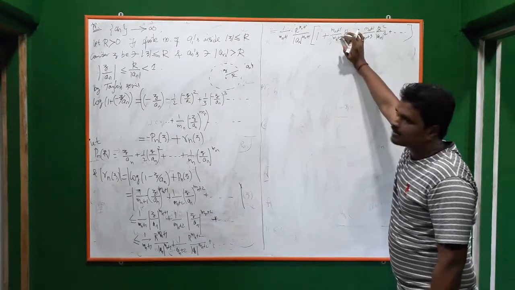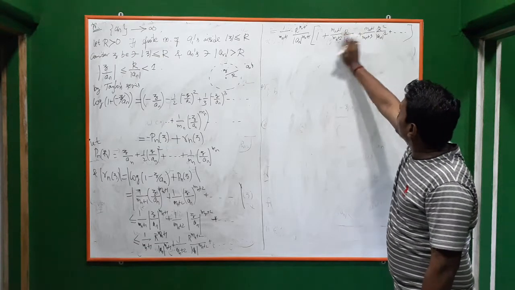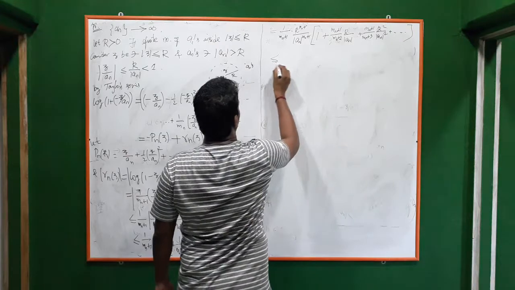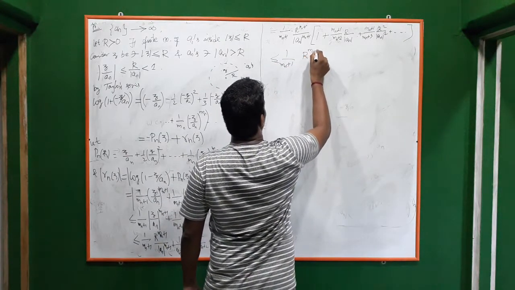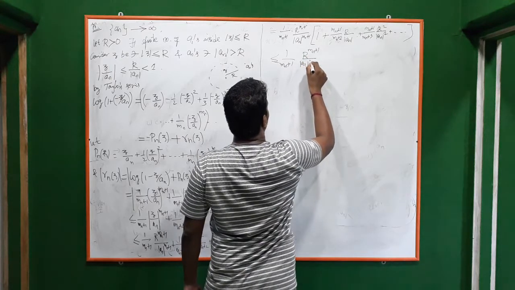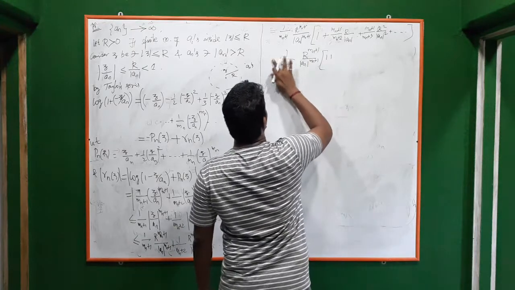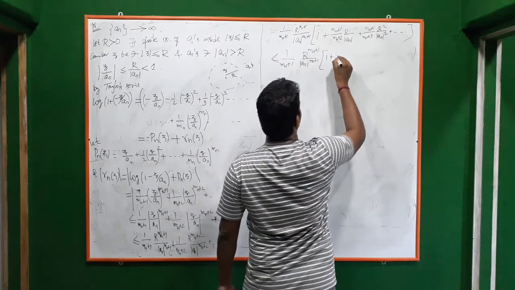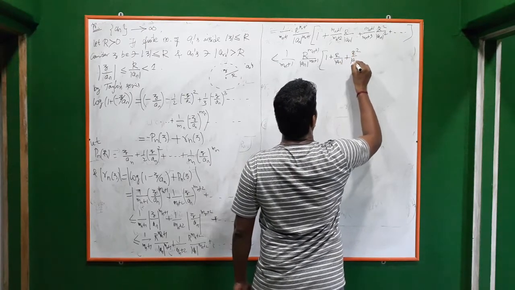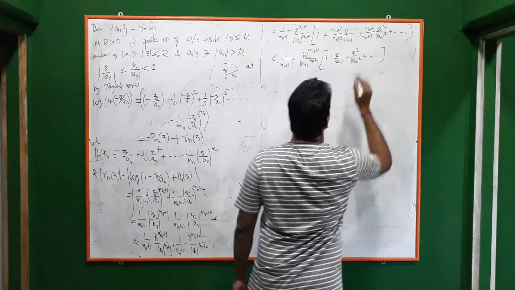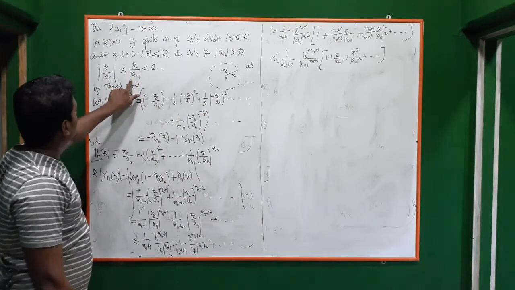Okay, this is less than this. Mn plus 1 is less than mn plus 2, so this will be less than or equal to 1 by mn plus 1 r power mn plus 1 by mod an to the power mn plus 1 into 1 plus r by mod an plus r square by mod an square plus so on. Okay, we know that r by mod an is less than 1.